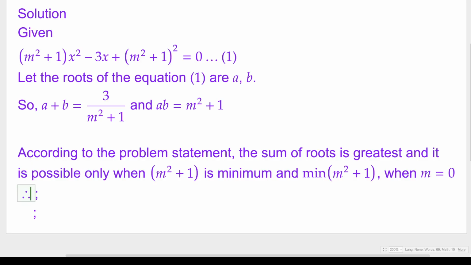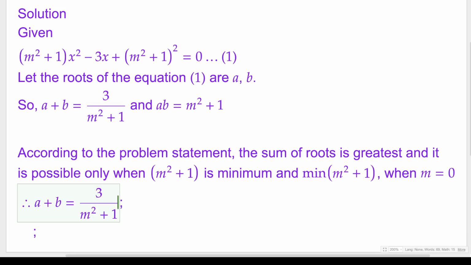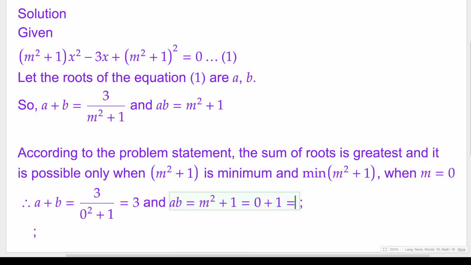Therefore, for the sum of roots, instead of m I will substitute 0, so this effectively becomes 3, and the product a times b, that is m² + 1, is equal to 0 + 1. So a times b is equal to 1.